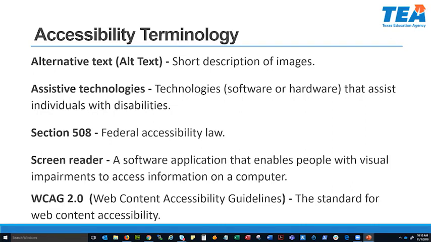Section 508, that's the federal standard laws. The screen reader, this is a software application that enables people that can't see to access all the information on a computer. If you ever wondered how a blind person can use a computer, they're probably using a screen reader. It's going to read everything that it encounters back to them, and that's how they can interact with their computer. And of course, the WCAG 2.0, which is the standard for all web content.